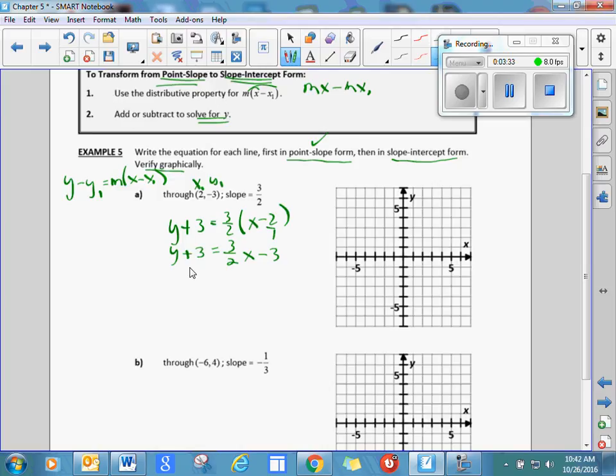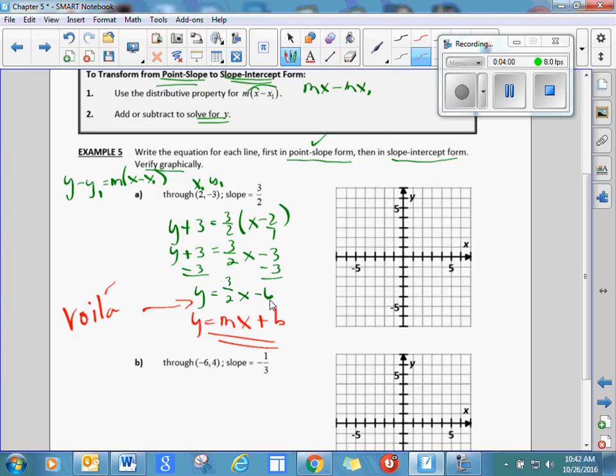So we need to get rid of what's attached to y, which is the positive 3. So we're going to subtract 3 from both sides, and we get y is equal to 3 halves x, and a minus 3 minus 3 is a minus 6. And voila, we are now in y equals mx plus b form.